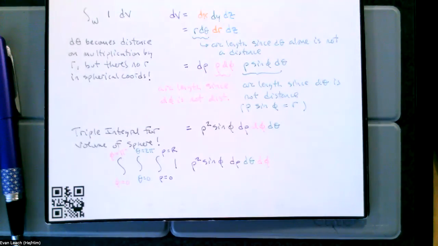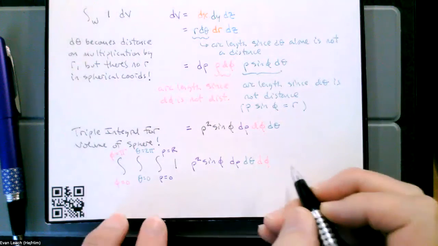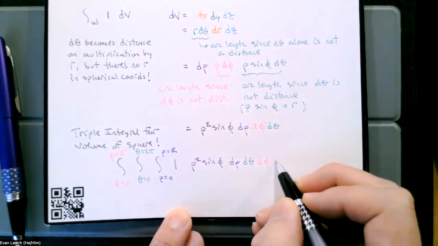That's where our pi comes from. And then the last thing we're going to have is the integral of sine of phi with respect to phi. It's going to give us a negative cosine of phi, and we're going to go from 0 to pi. It's going to be a negative and a positive, and stuff's going to cancel out. 4/3 pi R cubed. No trigonometric substitution, don't even have to do a regular substitution. This is just all basic integrals.